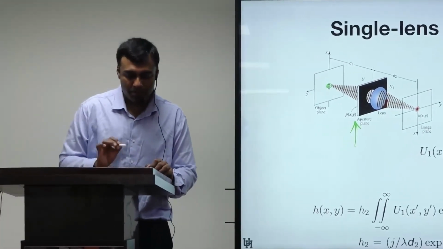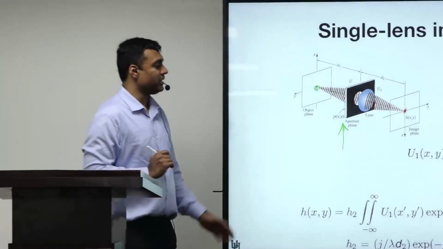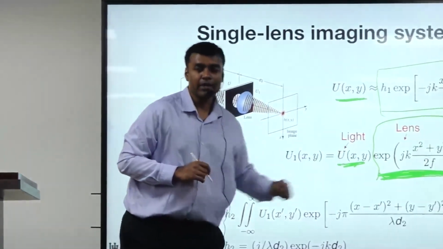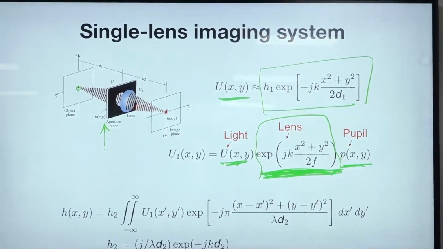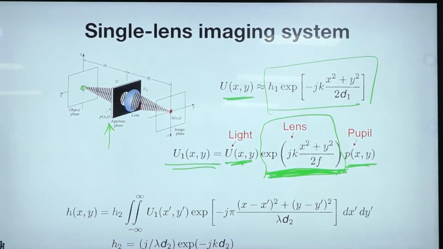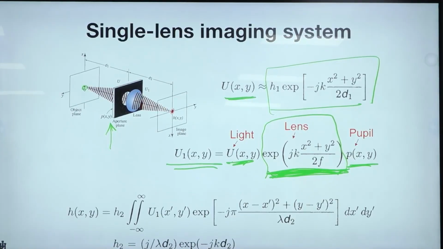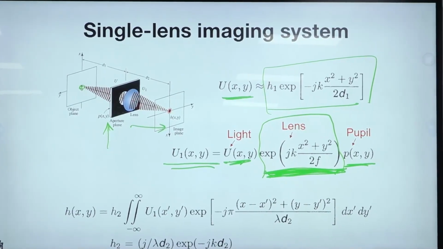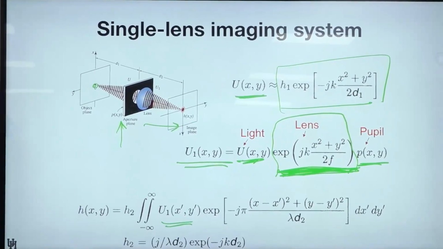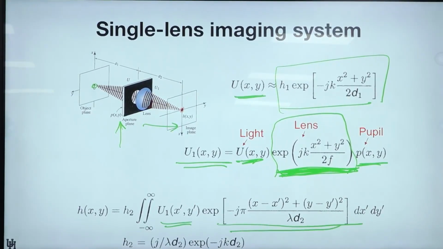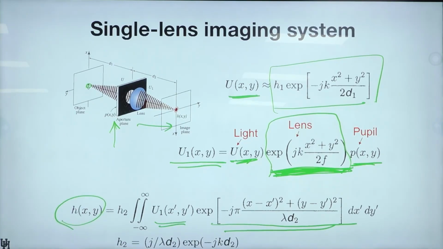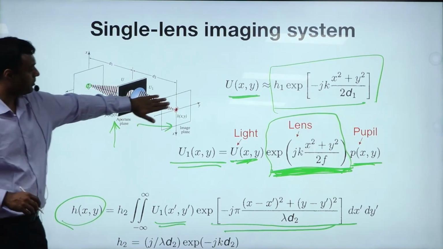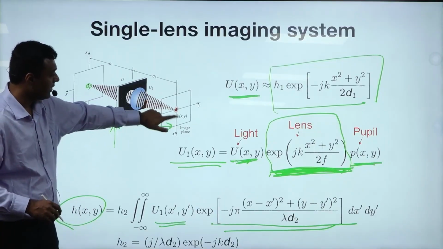The pupil, the aperture here, is equivalent to multiplying by p of x comma y. So the light just after it goes through the lens has this u1 of x equation. And how do you find the light over here, h? Take this and convolve it with the free space propagation kernel. We saw this in the previous class. If you do this, you will get the shape of what you will see on this plane.